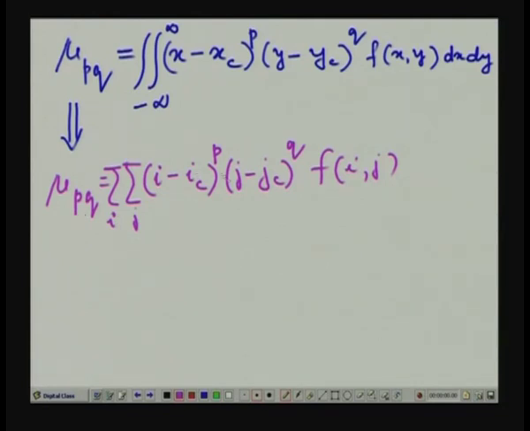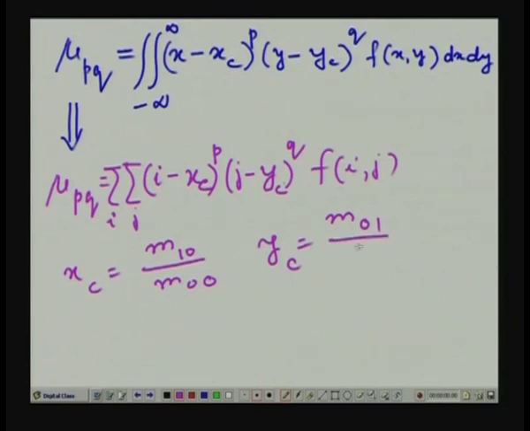Here x c is nothing but m 10 by m 00, and y c is nothing but m 01 by m 00.